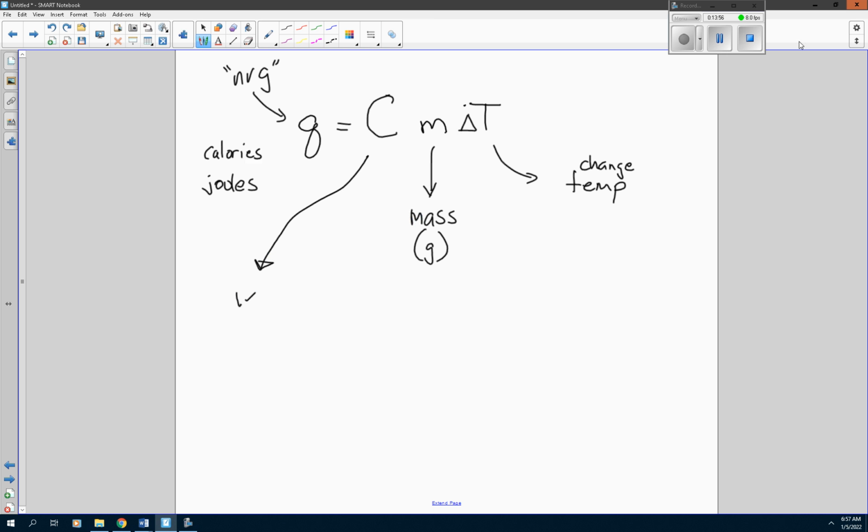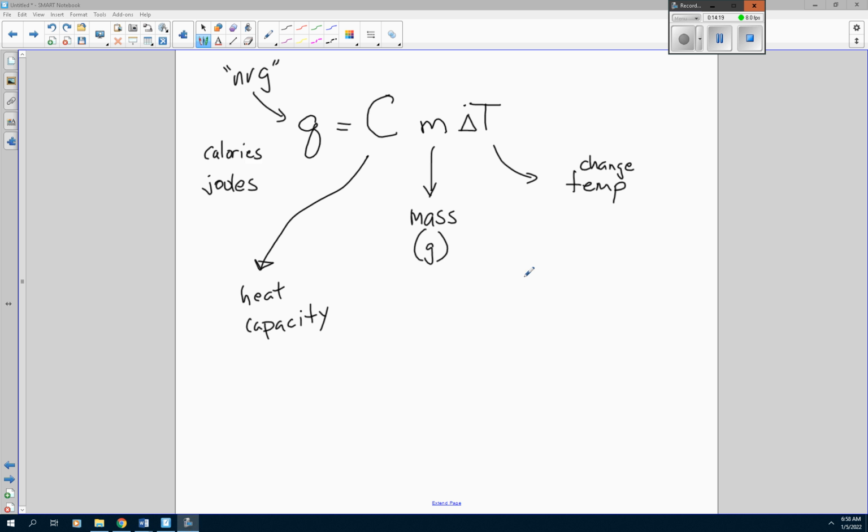Heat capacity is basically, I'm trying to think of a way to describe heat capacity pretty simply. Heat capacity is the ability of a material to change its temperature when energy is added to it or released from it.